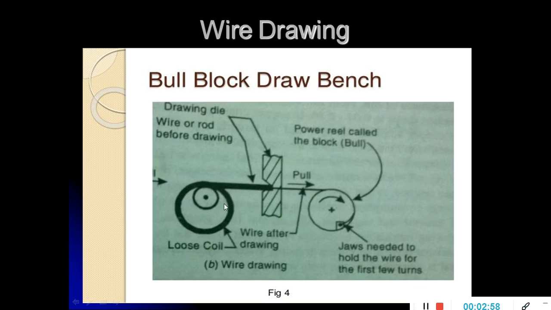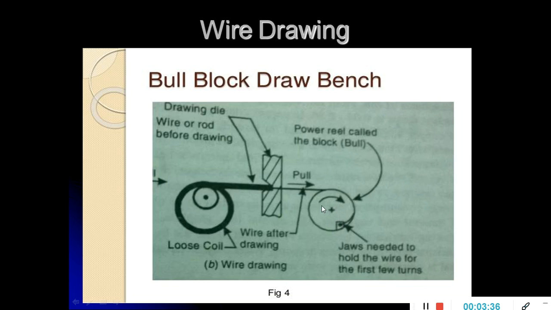With the help of these two wheels and the die, the wire drawing process is carried out. Initially the wire which is going to be drawn is wound on the loose coil, right? Then it is forced through the tapered surface of a drawing die, and the projected wire is locked with the help of clip jaws on this bull block.